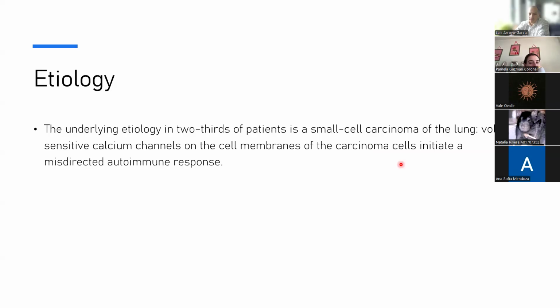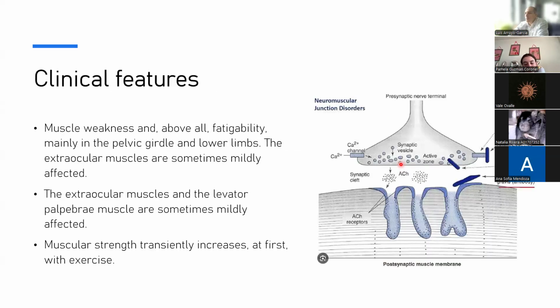Questions until here? No? Okay, we have two, right? We have myasthenia gravis, postsynaptic receptors, and then we have Lambert-Eaton syndrome. The clinical features of these are muscle weakness and fatigability as well, but in this case it's more in the lower limbs.